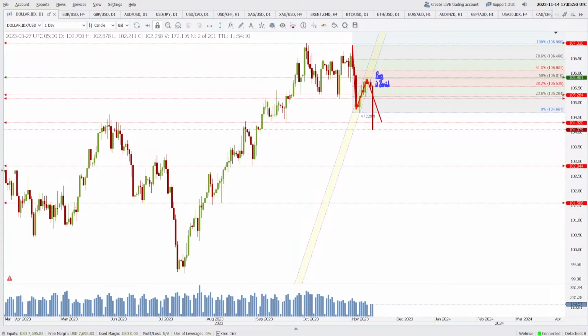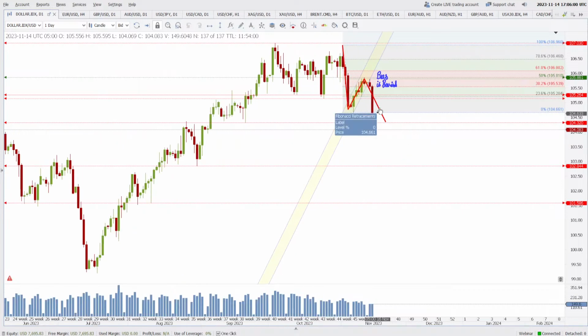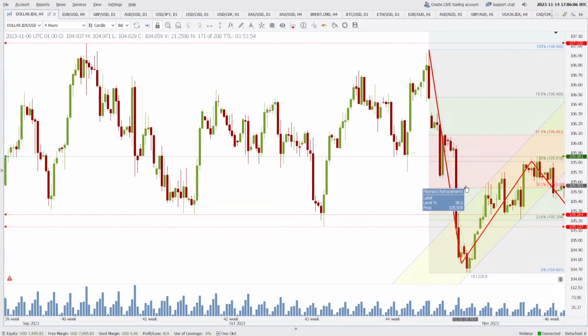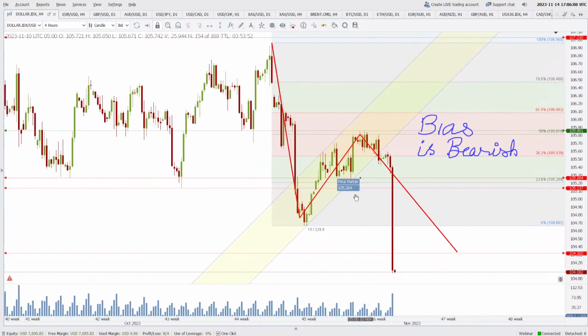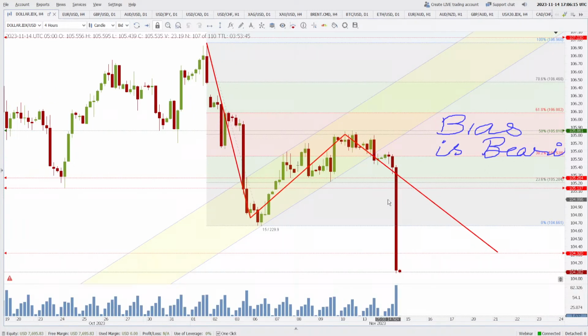Anish, any views, or do you have any personal views regarding this dollar breakdown? Can we safely say that we had almost predicted it just before it went down? We had a good potential prediction based on the market structure. Yes or no?